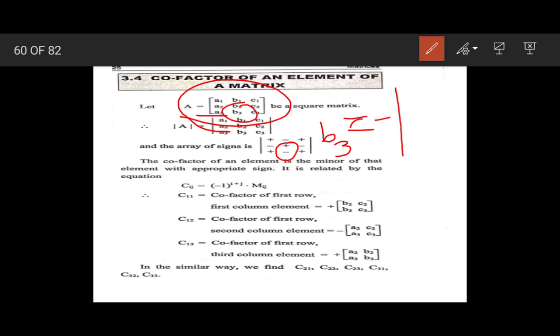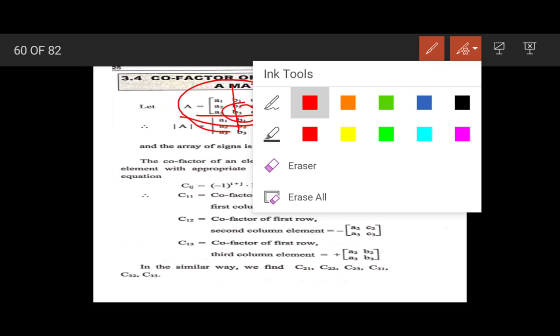The position of B3 is third row, second column. So after deleting third row, second column, the elements are A1, A2, C1, C2, right? So similarly you have to find cofactors of all the elements.